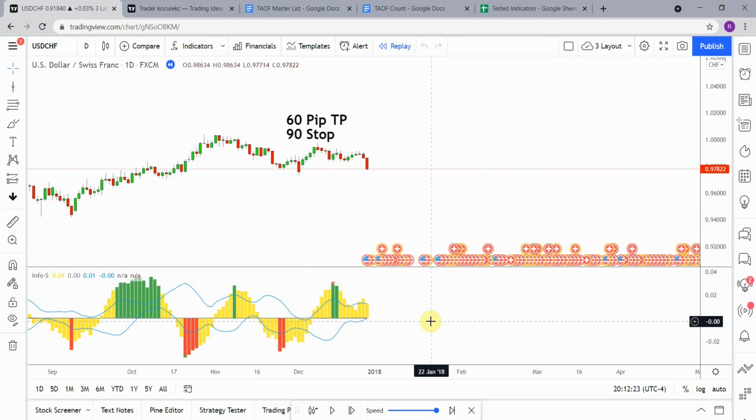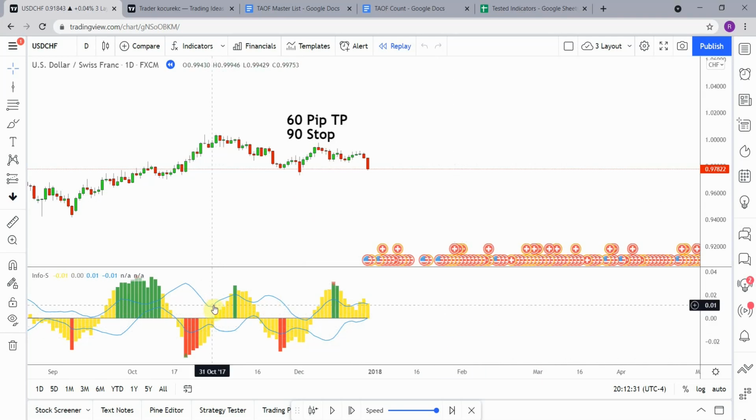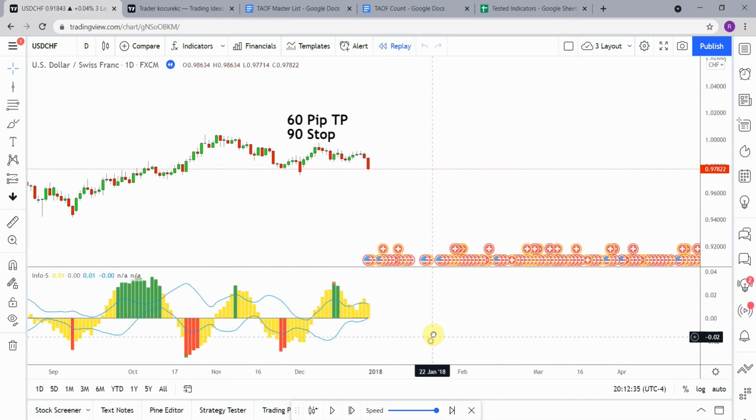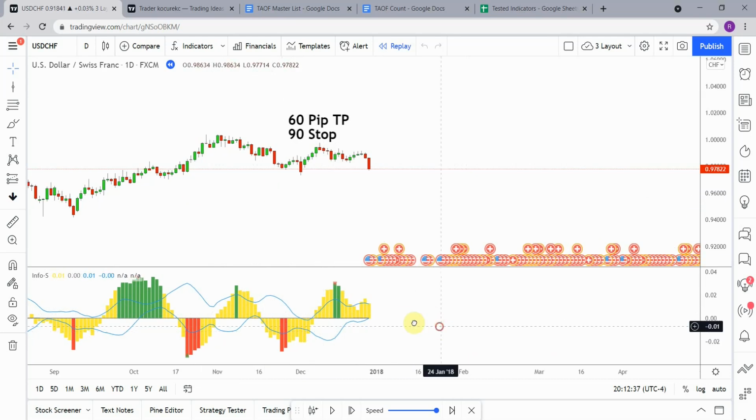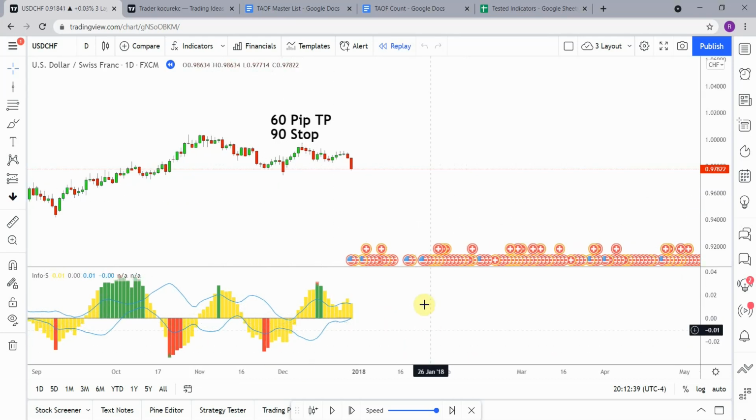So basically what we are looking for is the bars to jump from the downside to the upside, doesn't matter what color they are, then we would go long. Or the bars to jump from the upside to the downside, again, it doesn't matter what color they are, then we would go short. And so basically we are pivoting around this zero line, and that's how we're going to test it today. Let's go ahead and get on with the testing and see what we can get.